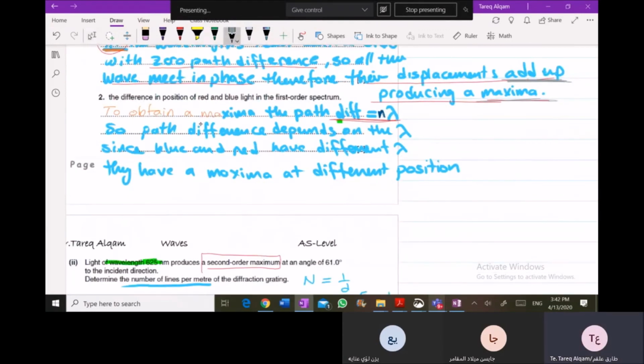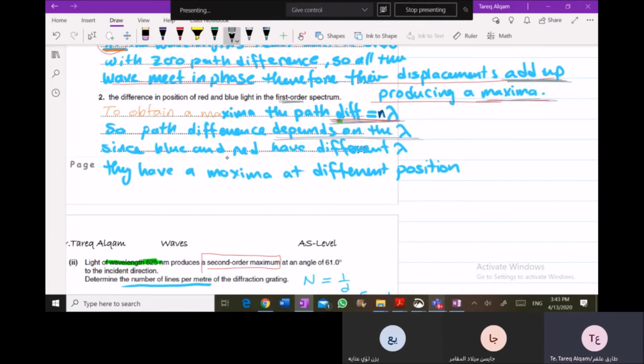Here, to obtain maxima, for example at the first order like point A, the path difference equals n lambda. So the path difference depends on lambda. But at the center, because it is 0, it does not matter.